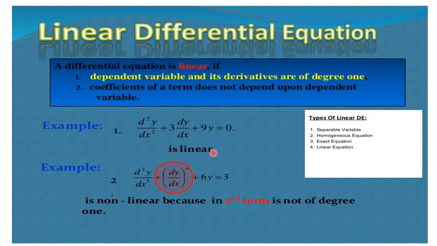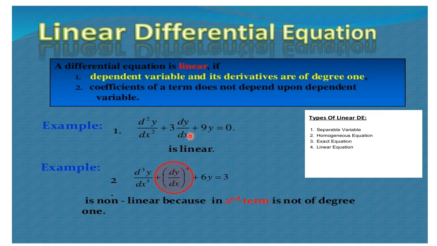Why? Because the dependent variable is y. Even here the dependent variable is y. Both have the degree of derivative as 1. Even this derivative has degree 1. Even this derivative has degree 1. What is degree? It is the power of the highest derivative or power of any derivative.